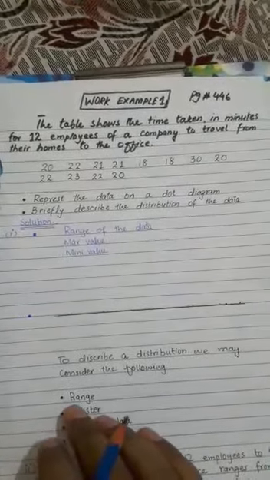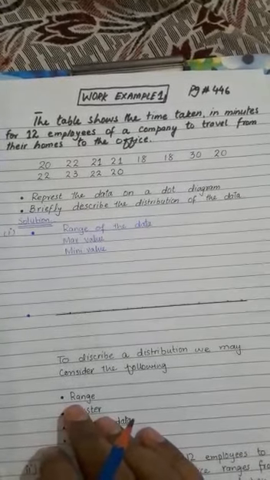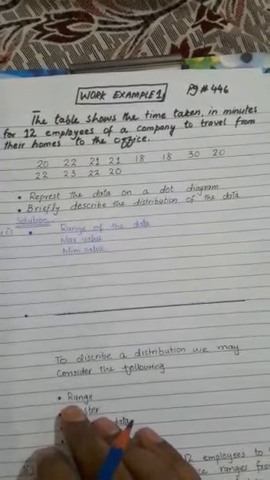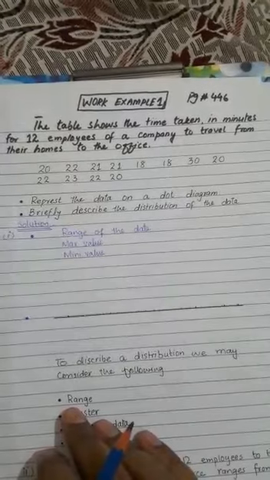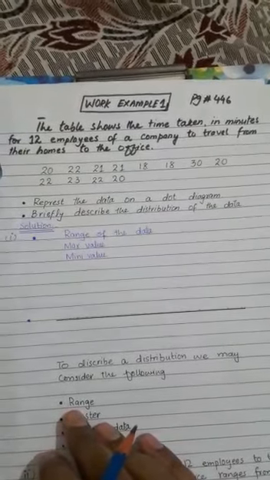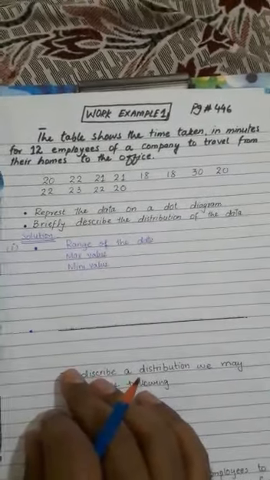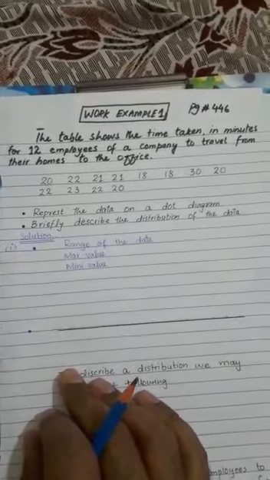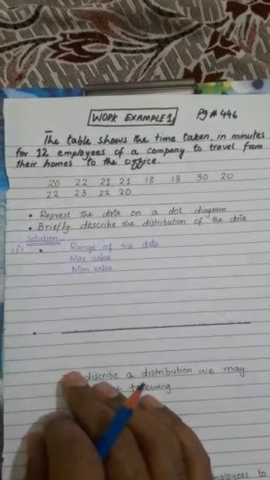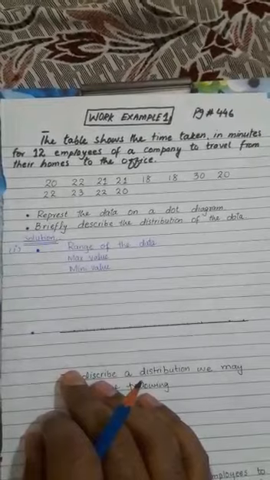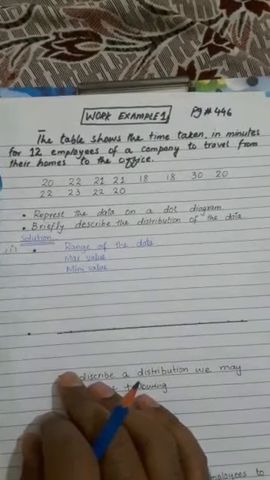To explain this concept, we simplify a worked example, which is on page number 446. In this example, the table shows the time taken in minutes for 12 employees of a company to travel from their homes to the office.